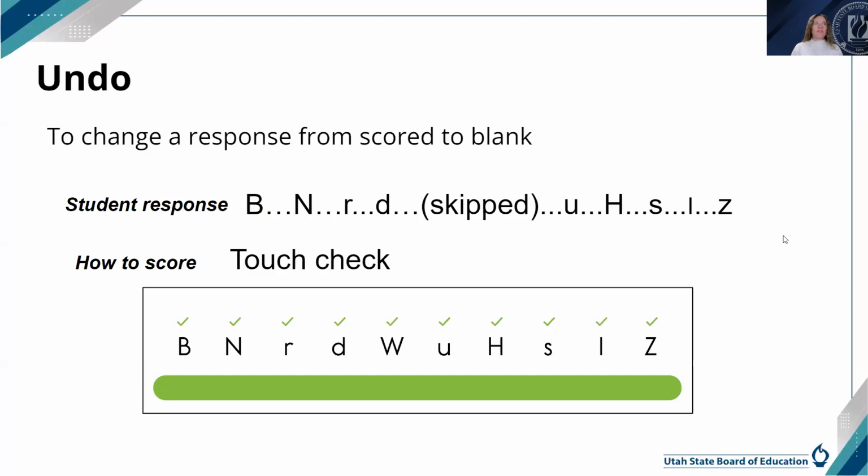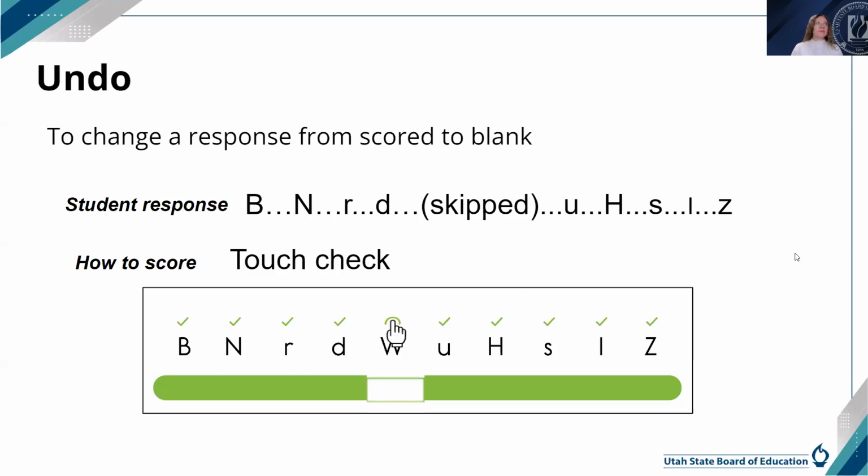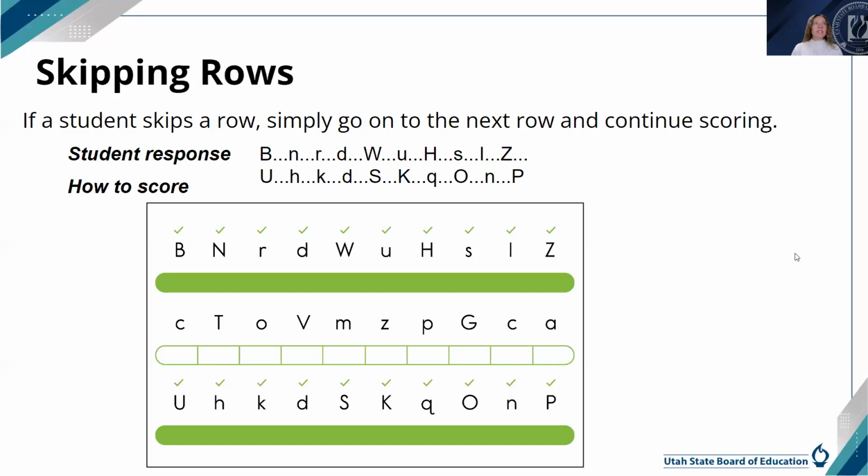If you need to change it from scored to blank, touch the green check and it will change to blank. If a student skips a row, you simply go on to the next row and continue scoring.